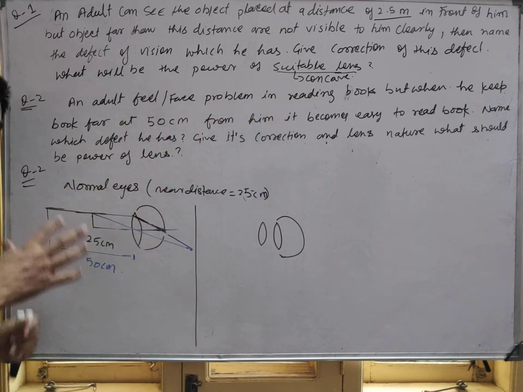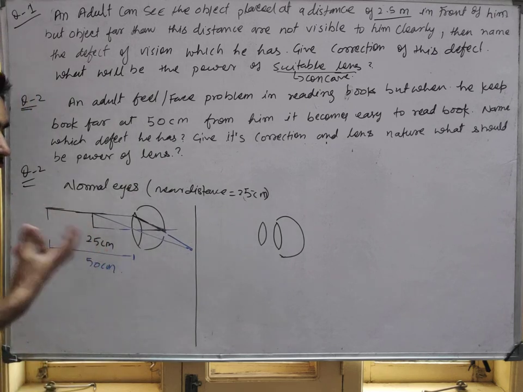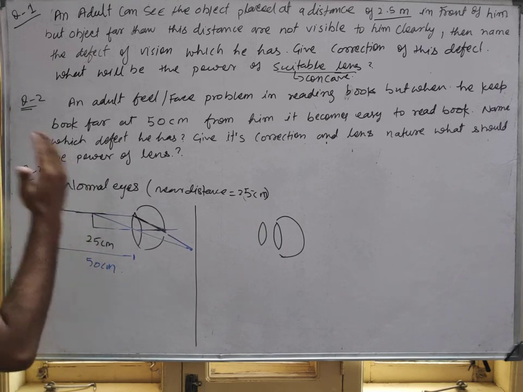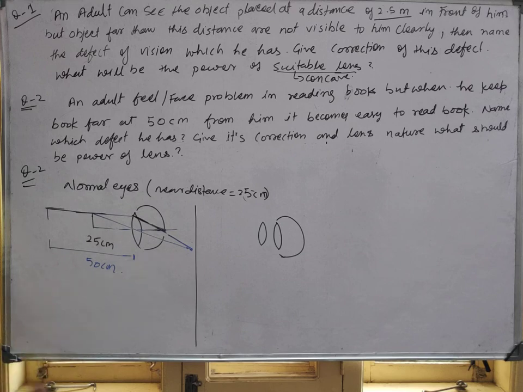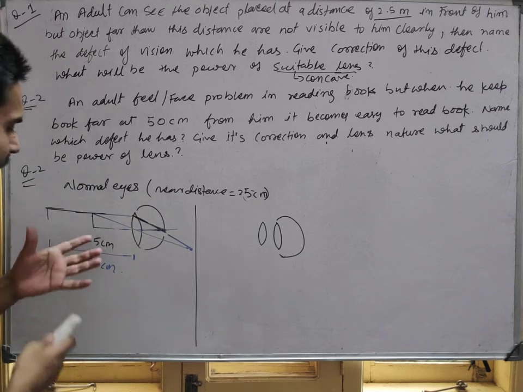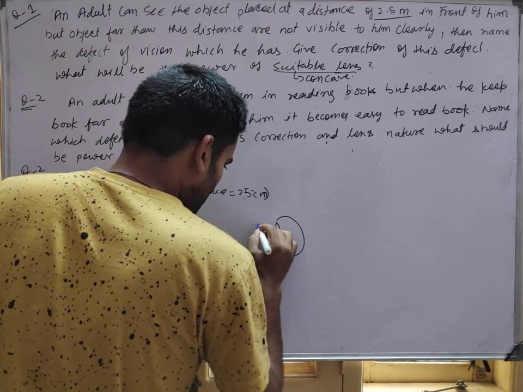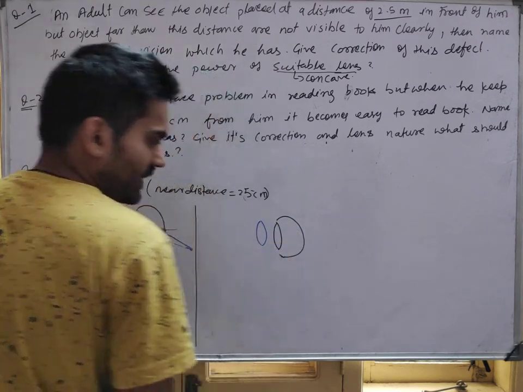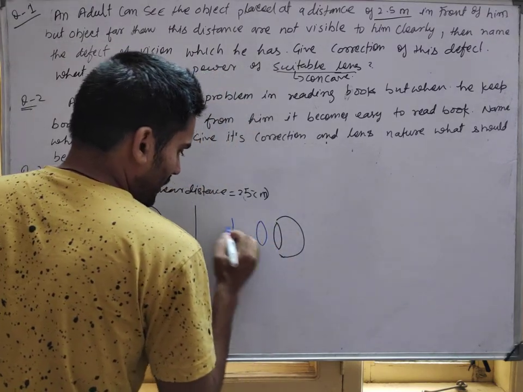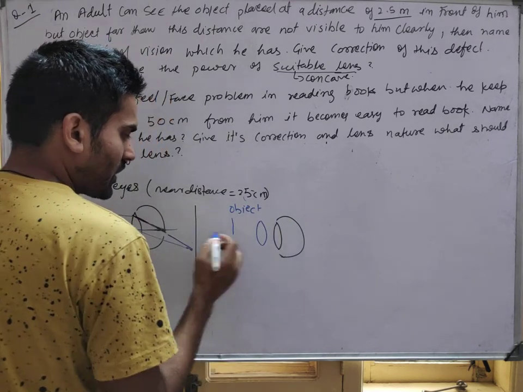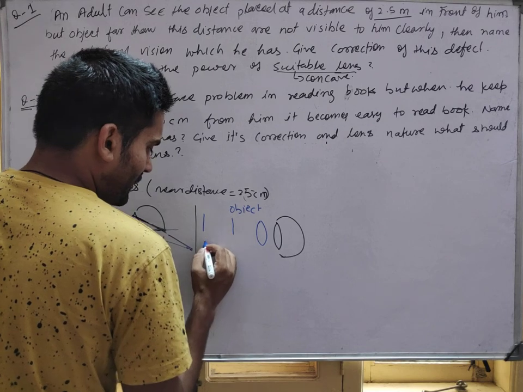If somehow we are able to form the image at 50 centimeters, if we keep an object at 25 centimeters and form an image at 50 centimeters, then we can see the image, right? So let's keep a convex lens here like this. Here the object is at 25 centimeters, and the image should form at 50 centimeters.